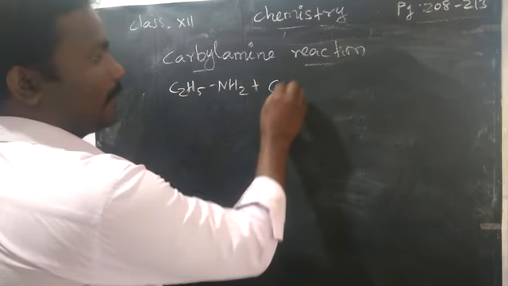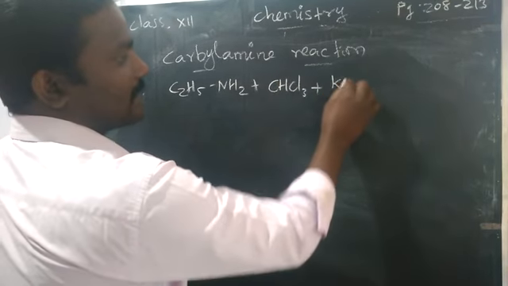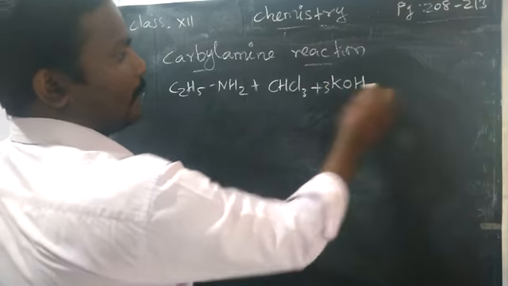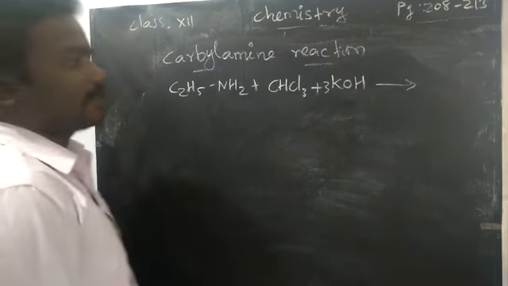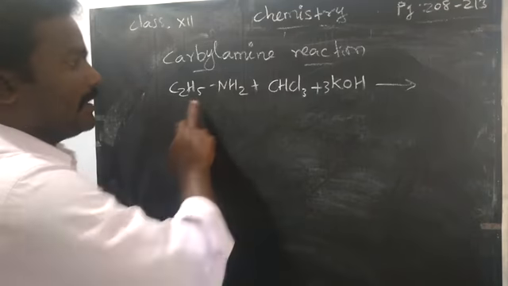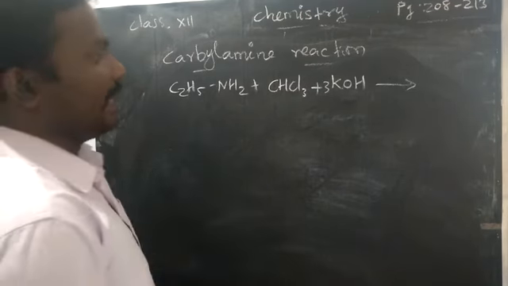What's the molecular formula for chloroform? CHCl3, and then potassium hydroxide, 3 moles. It will produce ethyl isocyanide.